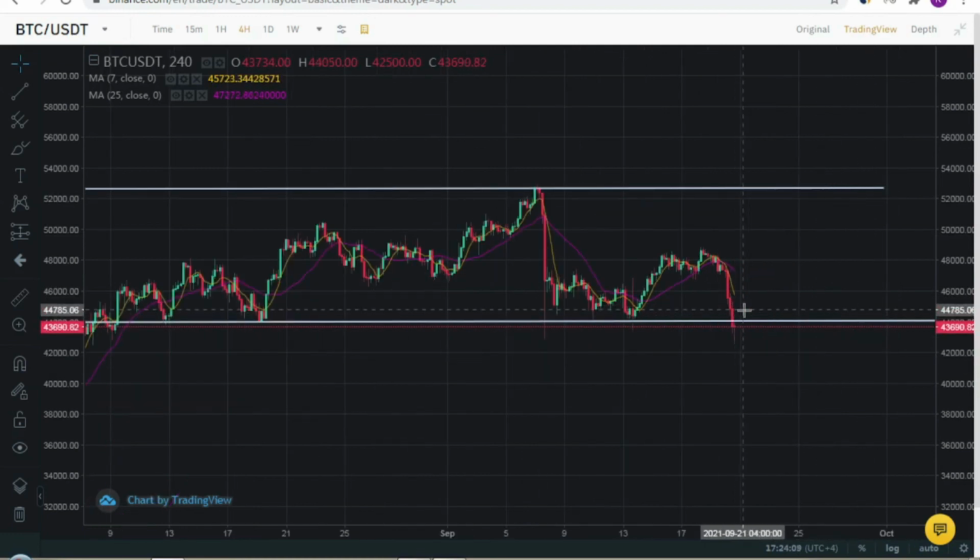Here we see if we close above here, we know that this could be a good trade. If we factorized our volume and it is correct, then this would be a good trade to make.